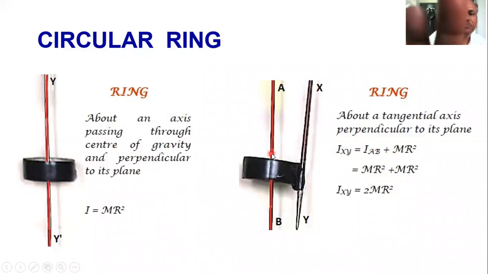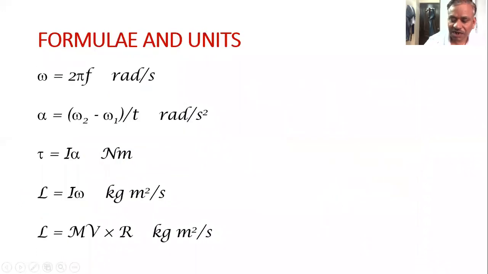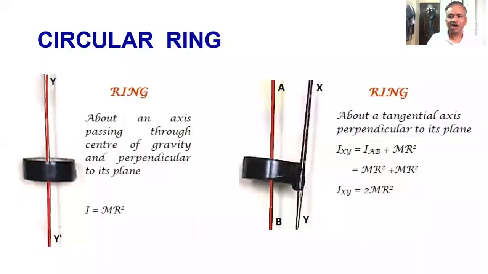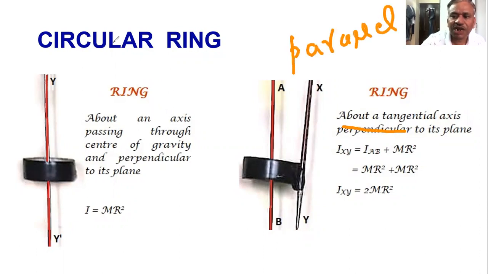It is the parallel axis theorem that you have to apply here. It is a parallel axis. This is M r square and this is M r square, both become 2 M r square.